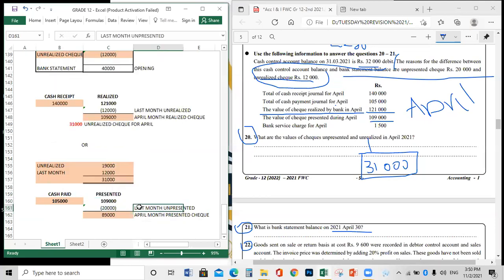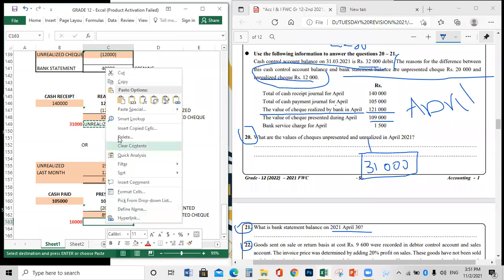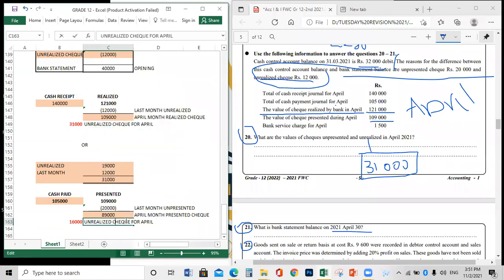The difference will give you the unpresented check amount. If you compare this, there will be a difference, and the difference is going to be the unpresented amount. That is, guys, 16,000 is the unpresented check for the month of April.